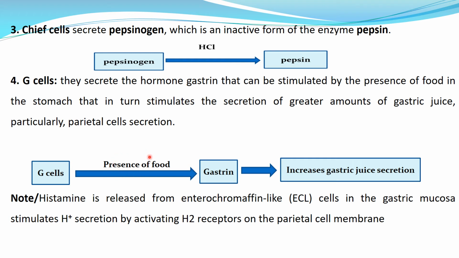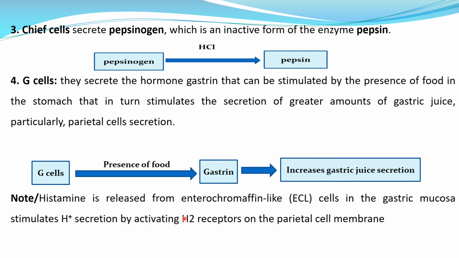What we have are G cells: when there is food available in the stomach, it induces the G cells to secrete gastrin, and gastrin induces the secretion of gastric juice, especially by the parietal cells. So this is an important note about the secretion of the stomach.